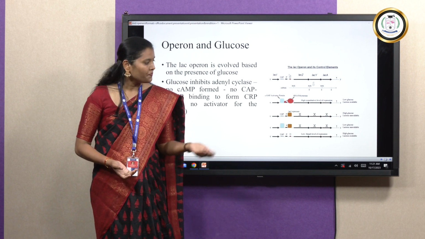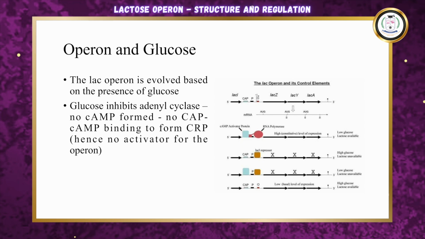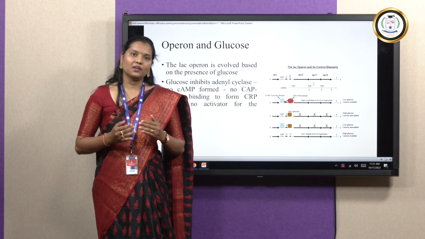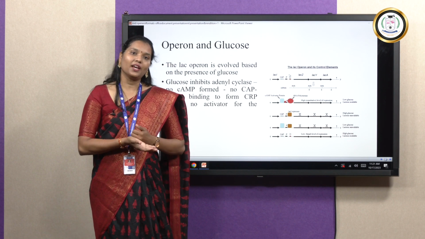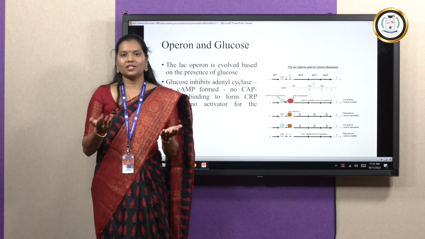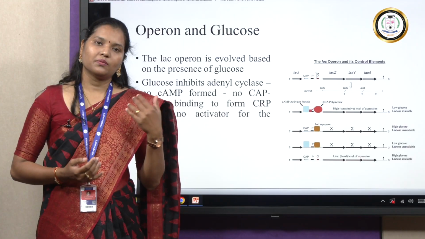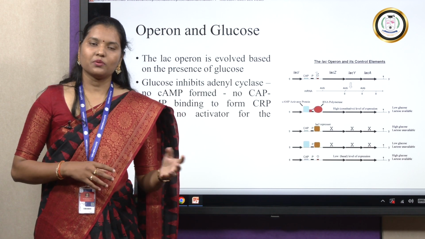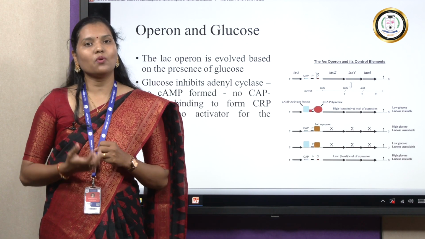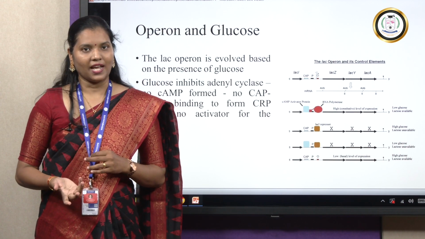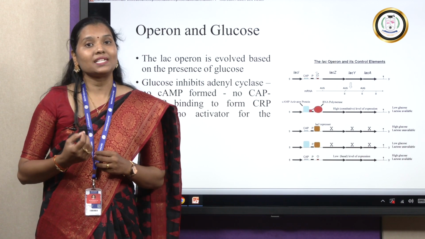Finally, if there is high glucose and lactose available, even now the prokaryotic bacteria will rely on the presence of high glucose. When there is glucose and lactose available, the organism will obviously prefer glucose. So it completely relies on high glucose, but if at all it needs more energy, if it needs to rely on the presence of lactose, the operon will be slightly active.